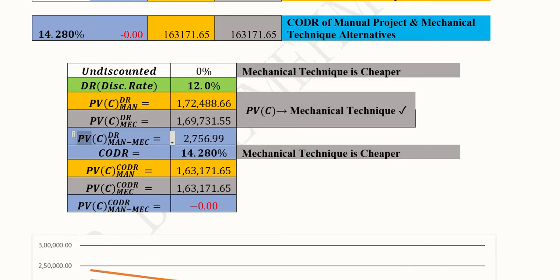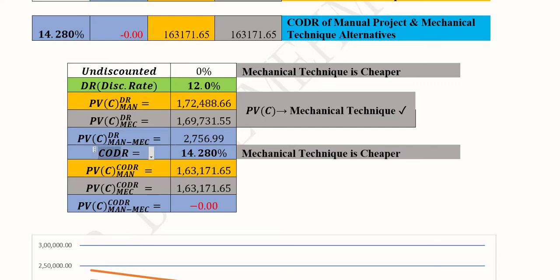And then we found the present value of the costs at 12% discount rate of the difference of the two streams, and here it was positive. So it meant that the manual technique was taking more costs as compared to the mechanical technique. So again the interpretation is in favor of the mechanical technique.